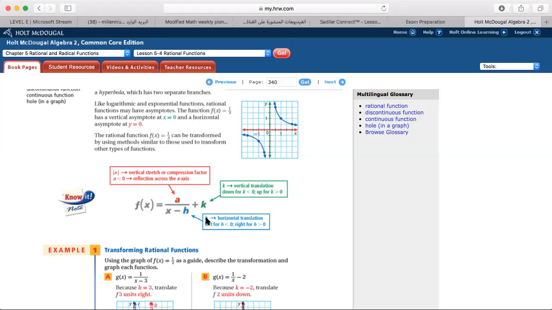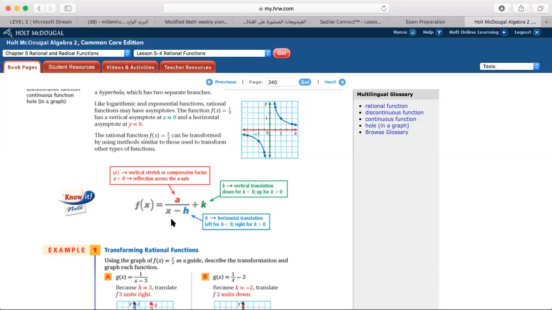So if h is negative, the translation will be to the left. When h is greater than 0, positive, it will be to the right.